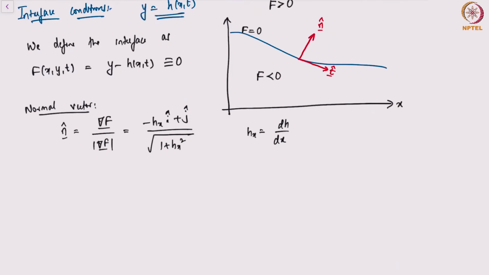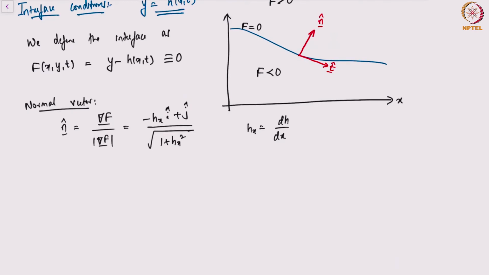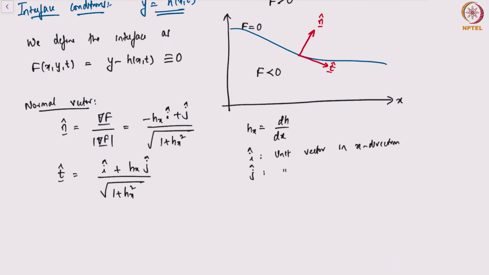We will use this kind of shorthand notation wherever convenient. Similarly, we can write down the tangent vector as well. The tangent vector would be i hat plus hx j hat divided by the square root of 1 plus hx square. Here i hat is the unit vector in the x direction and j hat is the unit vector in the y direction.